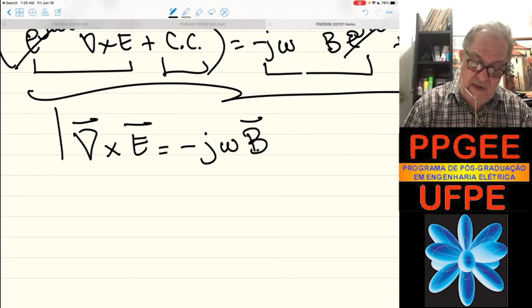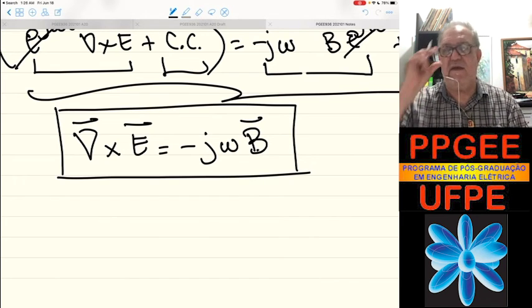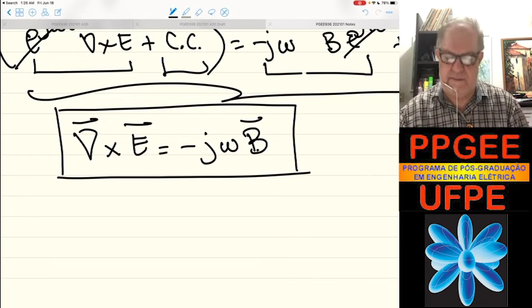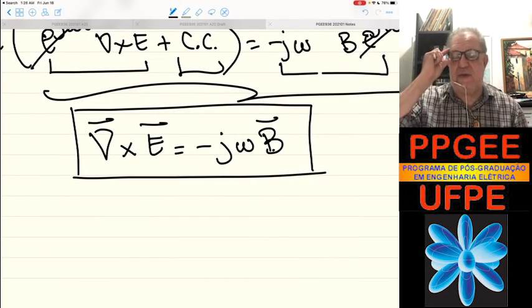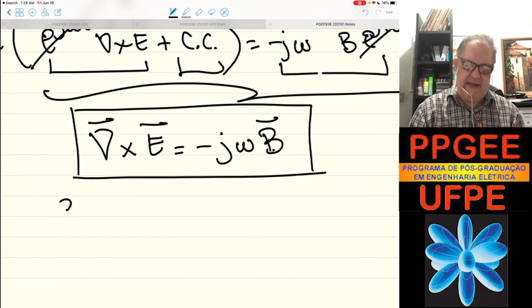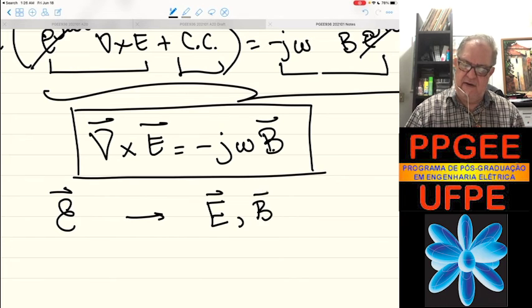So now we have only space derivatives, space functions of space coordinates. E and B are functions of space coordinates only. Okay? So in practice, what we do, we replace the physical fields by the phasors, the complex vectors, E, B, H, or everything.